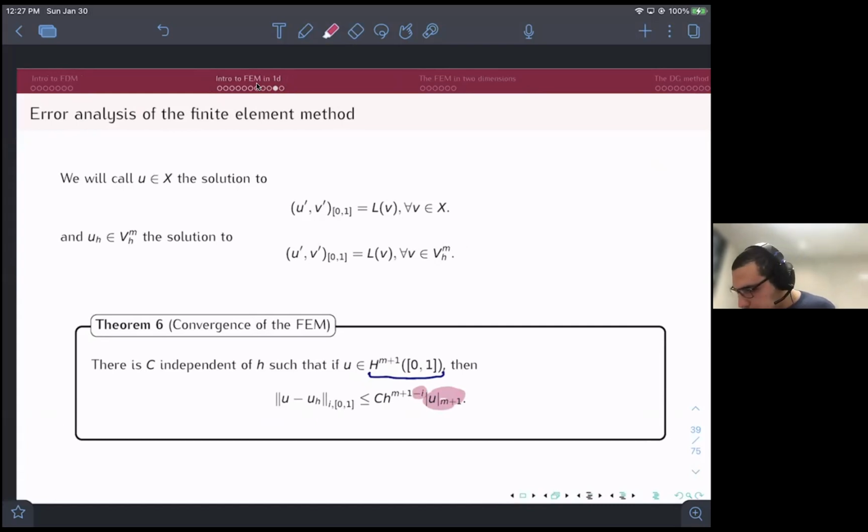Furthermore, you can notice that if you fix h and you vary m, you will have an exponential decay. And if you fix m and you vary h, you will have some polynomial decay, like h squared, h to the third, and so on and so forth. Okay, so that's one of the cool things about the finite element method.